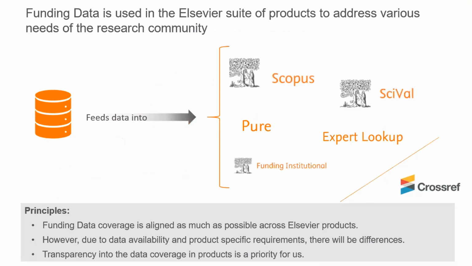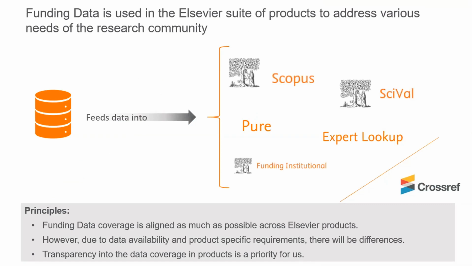We then make this curated, enriched, linked funding data available to the Elsevier ecosystem of products or even externally to other products. Recently, we see an increased interest from our users in having funding data to inform their decision-making. Last year, we launched new functionality in Scopus and in SciVal, the Elsevier analytical product, powered by funding data.